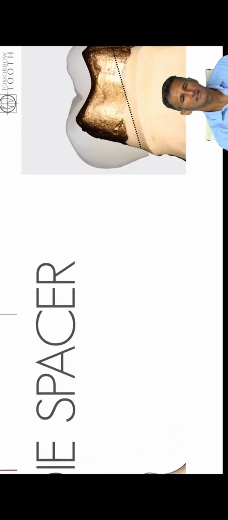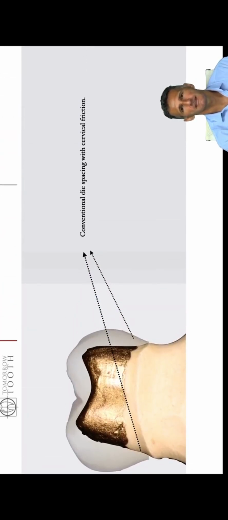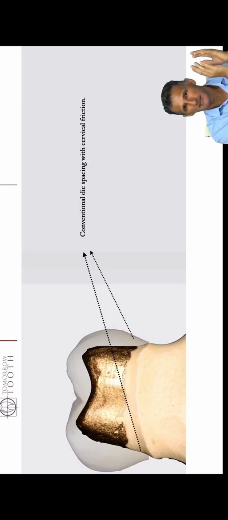The problem is that putting the spacer in this way, all the problems that you have seen before are even worse. Okay? You already have this sort of space, and at the end you have very limited space.